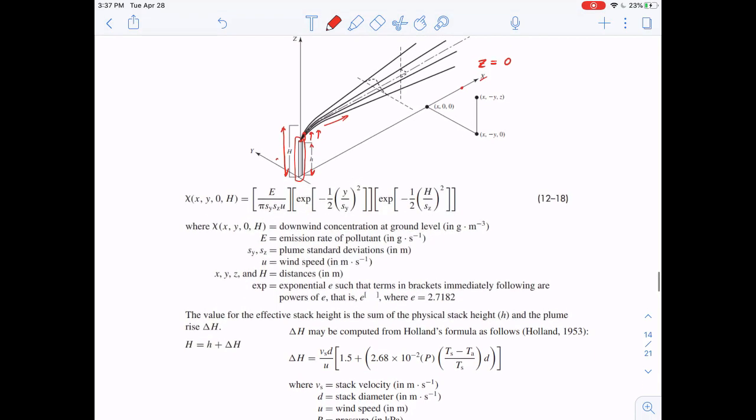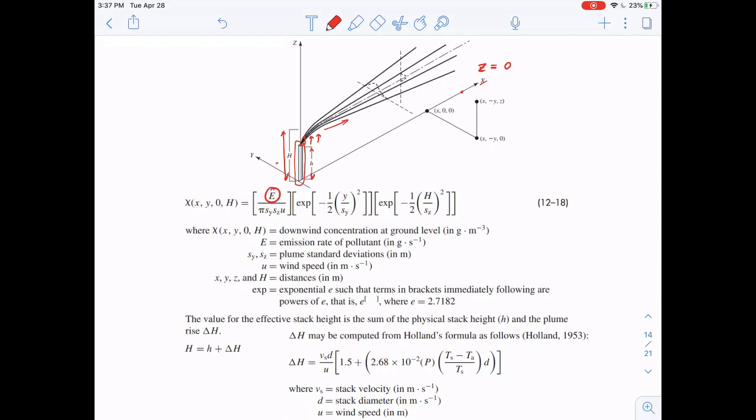There are some parameters involved. E represents the emission rate of the pollutant. Sy and Sz represent the plume standard deviations. The standard deviation just means how wide the spread is, how the dissipation of the pollutant is happening.